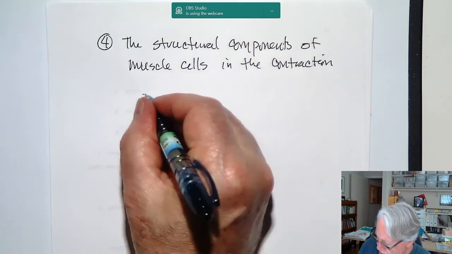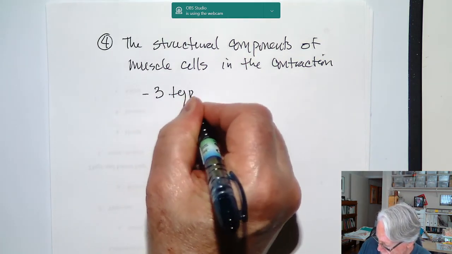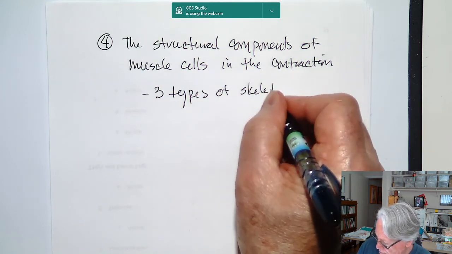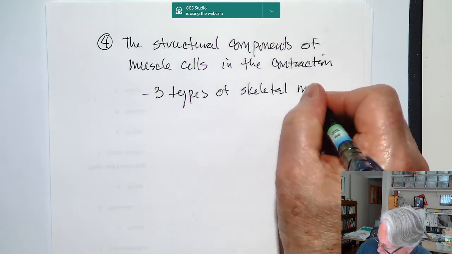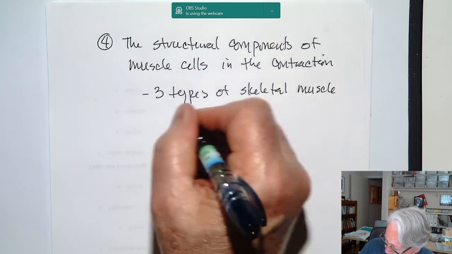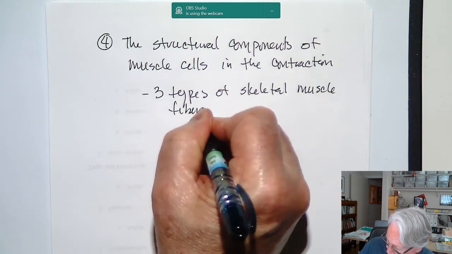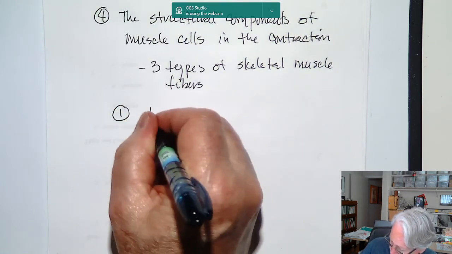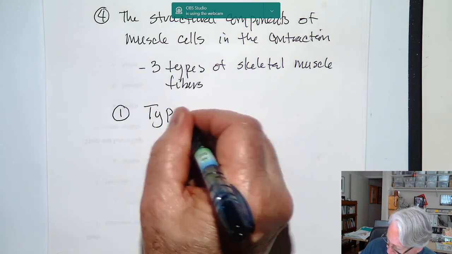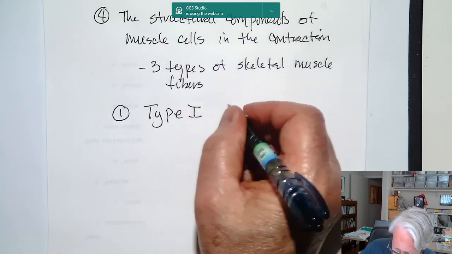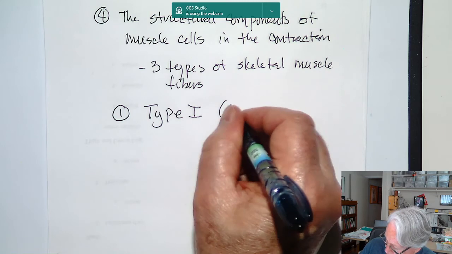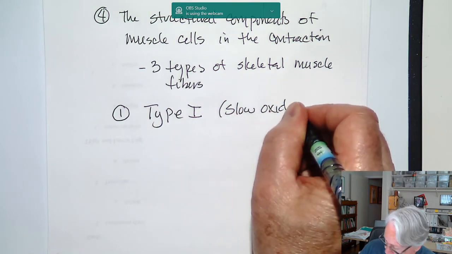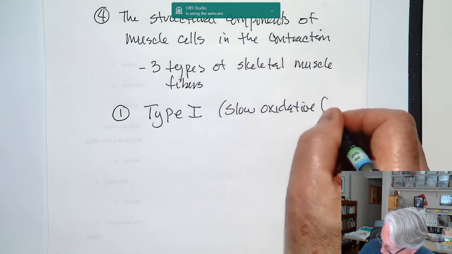So it turns out there are 3 types of skeletal muscle fibers or cells. Number 1, type 1, also known as slow oxidative fibers.